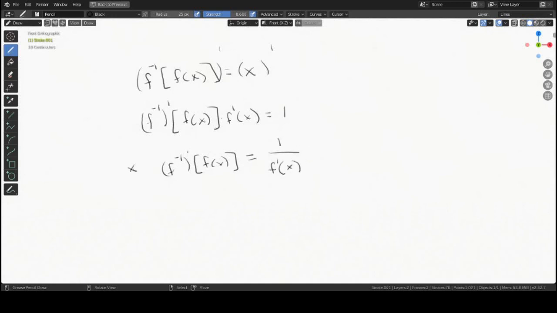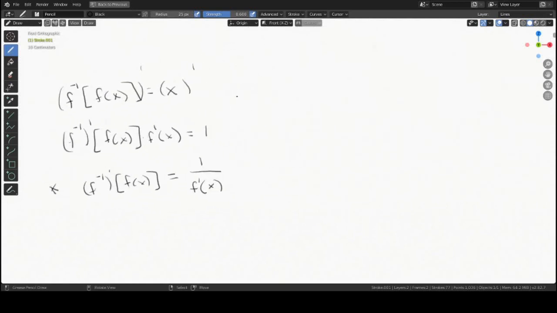Okay, so keep that in mind, but also remember that if we take f of f inverse of x, so if we take the composite function in either direction, it'll also give us x. So let's go ahead and take this derivative, and we'll get that f prime of f inverse of x times f inverse prime of x is equal to 1 as well.